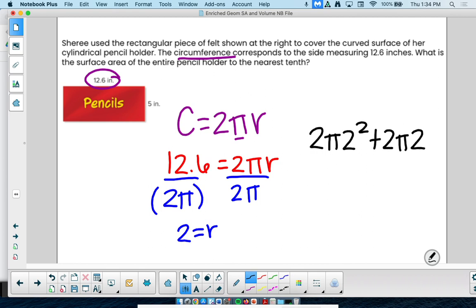Do we know our height? Is that 5? It is 5. 88 inches.